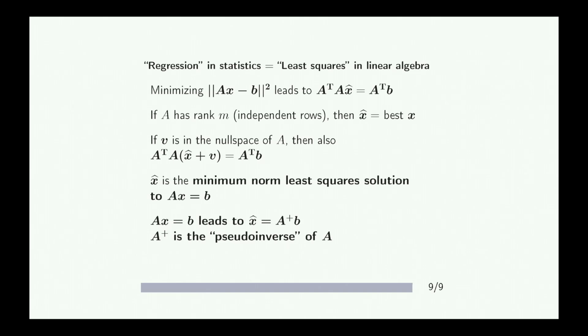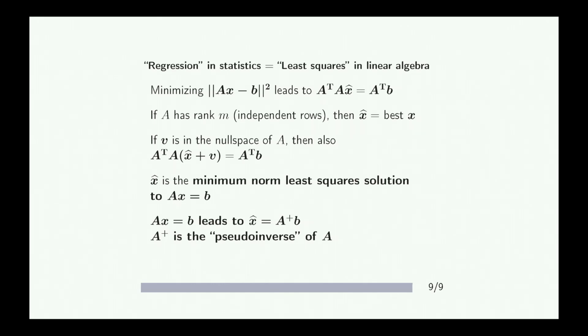So the solutions now are called x hat. And there's one solution x hat in the row space, because this is R equations in R unknowns, and it's got a unique solution x hat.